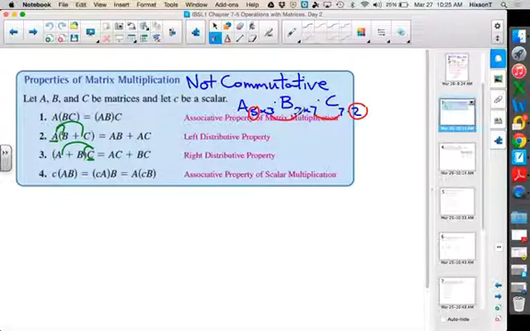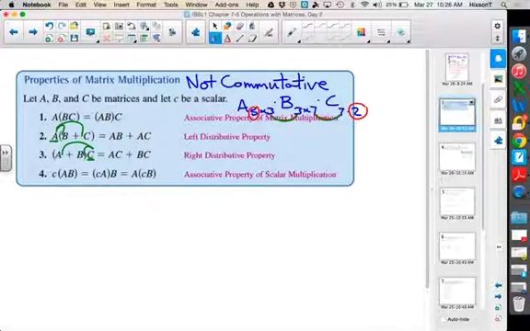And then in order to multiply B by C, the number of columns in B has to equal the number of rows in C. So seeing this shows us that yes, I can multiply this. When I do AB, I'll get a 5 by 7 matrix, and then that is possible to multiply by a 7 by 2 matrix. Okay?